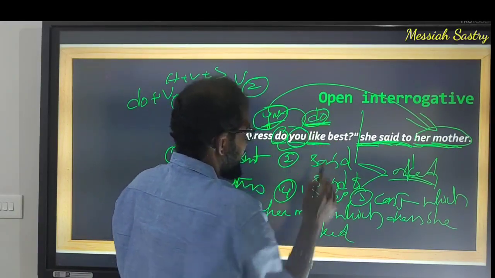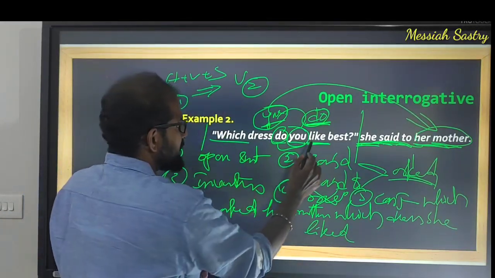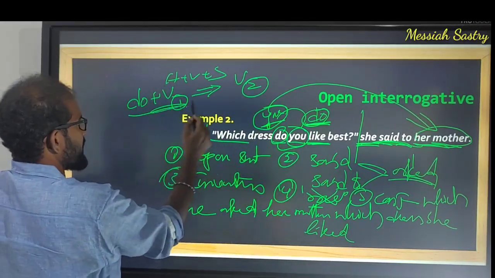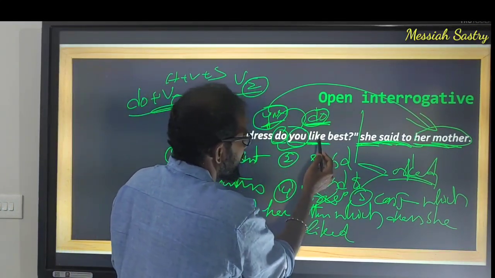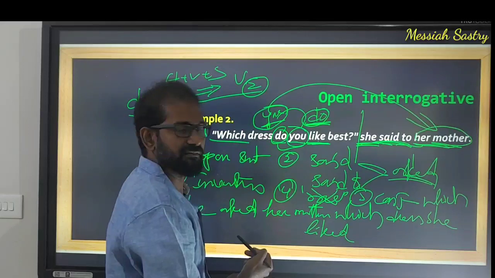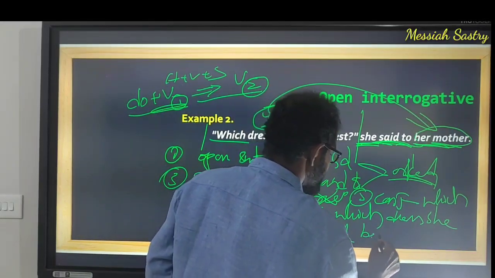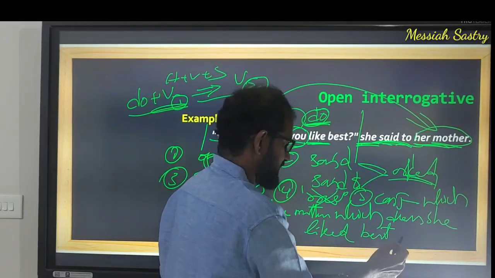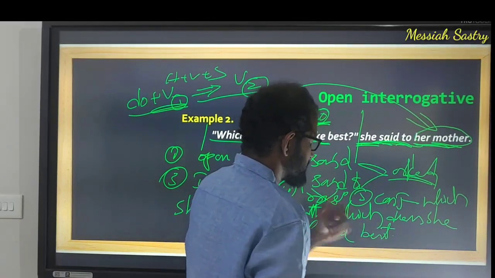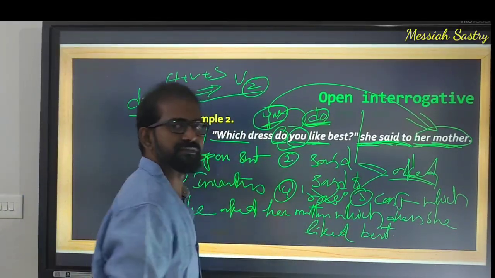Not did like. Don't write did like. Do plus V1 changes to V2. So what is V2 of like? Liked. So which dress she liked best. What comes, question mark or full stop? Yes, full stop, because indirect speech always ends with a full stop, not the question mark.